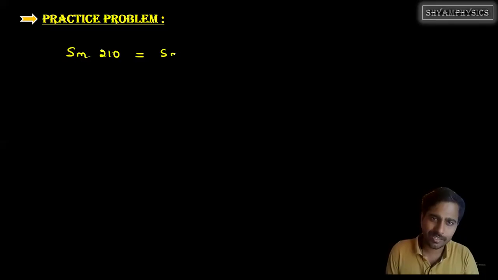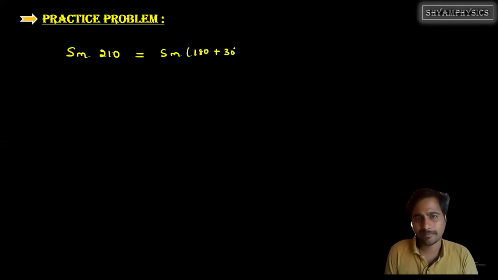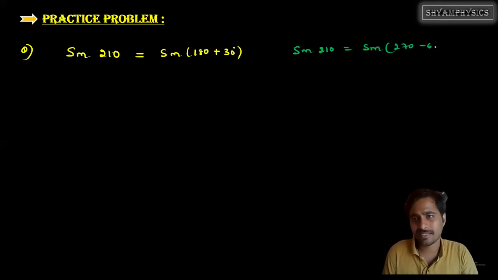So we can write this one as sine of 180 plus 30 degree. Correct now? Write my question. Or else we may write this one as sine 270 minus 60. Both are correct only, right?